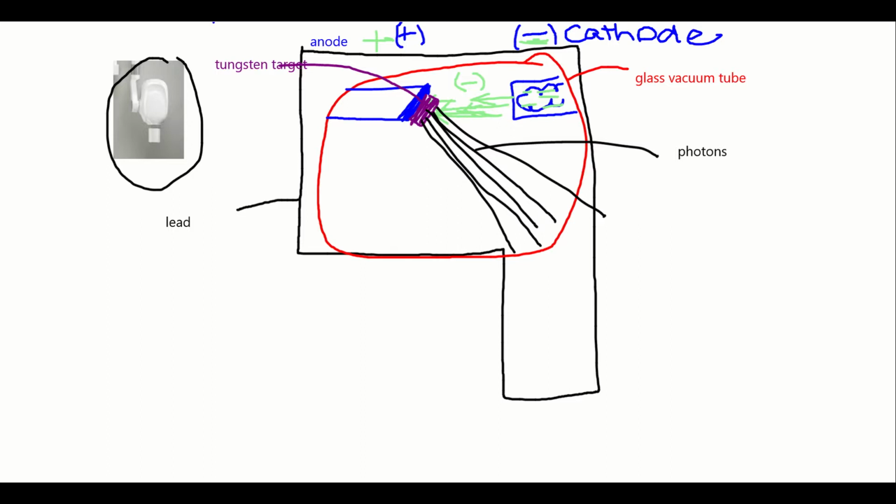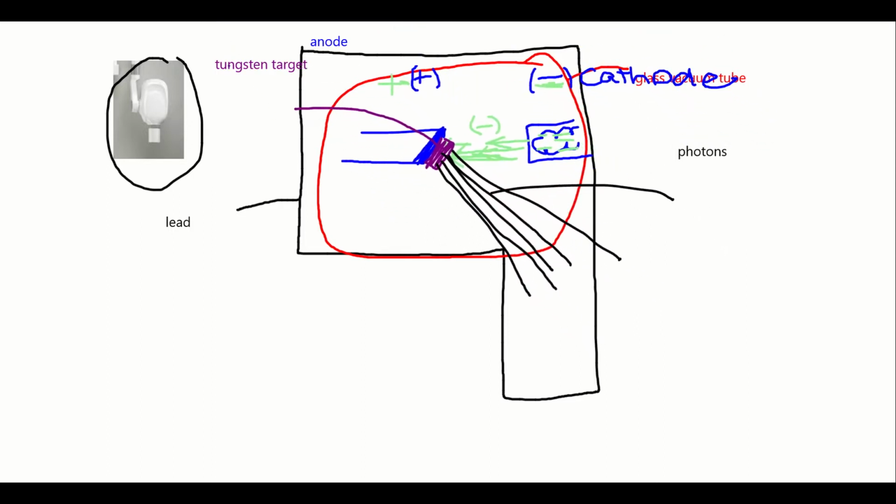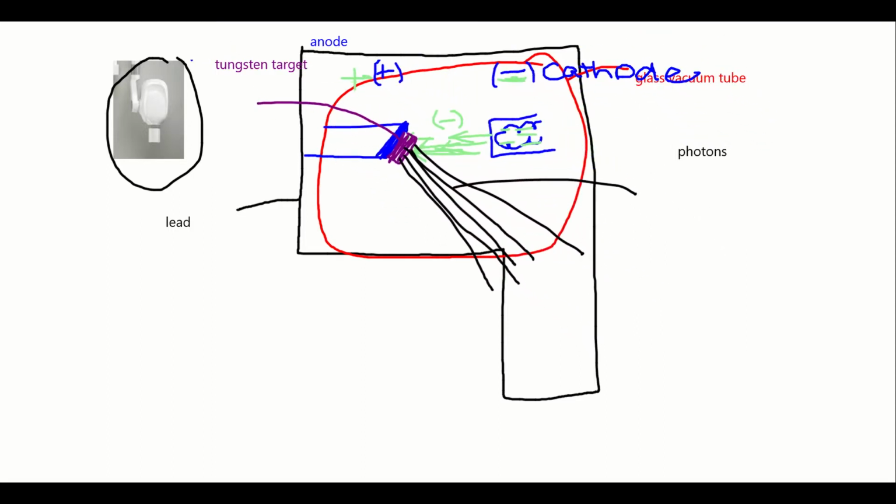Now, once the rays go towards that lead case, or whoop, whoop. How did that happen? That was kind of weird. Okay. Here we go. Once the rays go towards that opening, we don't want them to come out just as they are because they'd be way too strong. So what we have to do is put a couple things in the way that prevents them from being super strong.